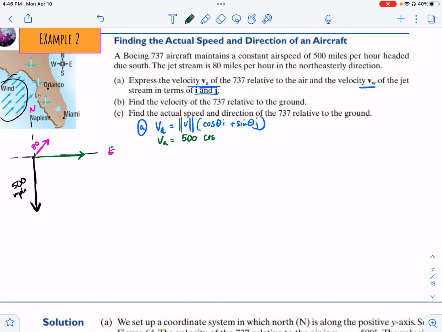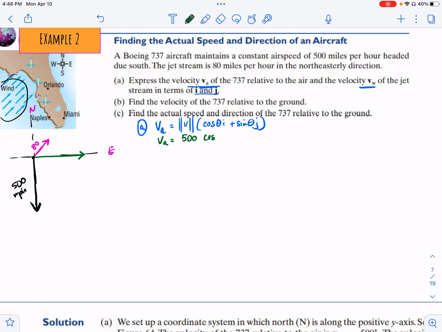Let's see, what else do we have here? Okay, part B says find the velocity of the aircraft relative to the ground, which basically automatically means the resultant vector. And when I say resultant vector, that means the velocity of the aircraft and the other force that's acting on it, that of the jet stream.